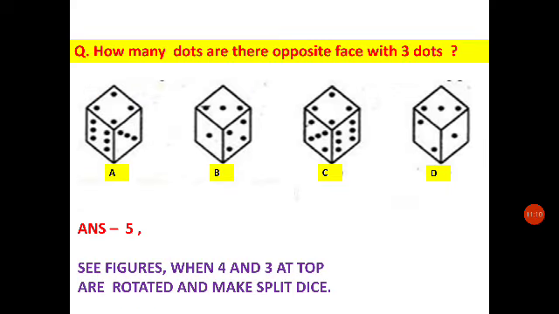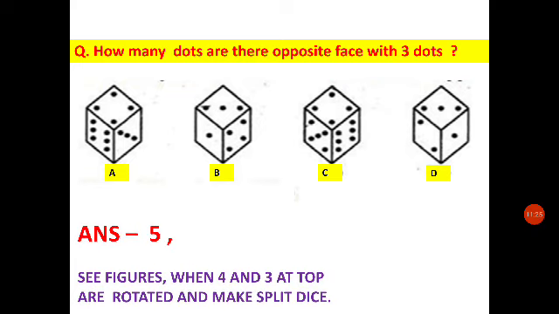Now next question is, how many dots are there opposite the face with 3 dots? So there are A, B, C, D, 4 positions given, and the answer is 5.